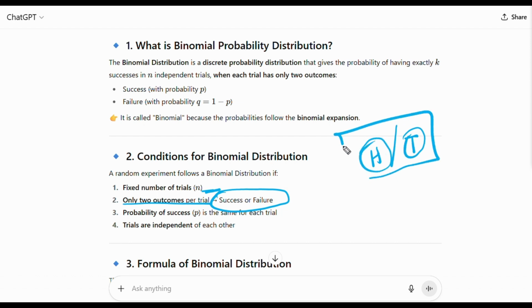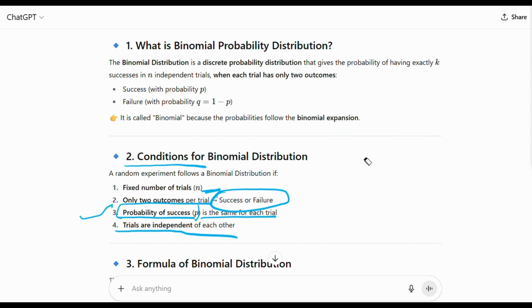So this is a case of binomial distribution. The probability of success is the same for each trial. For each trial, the probability of success should be the same. This is another condition. The next condition is that trials are totally independent of each other.